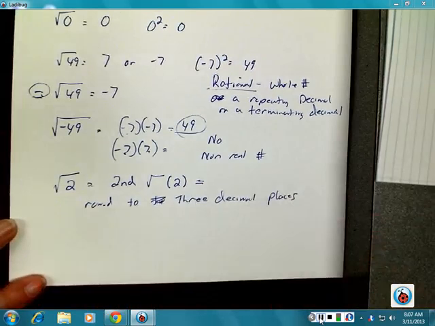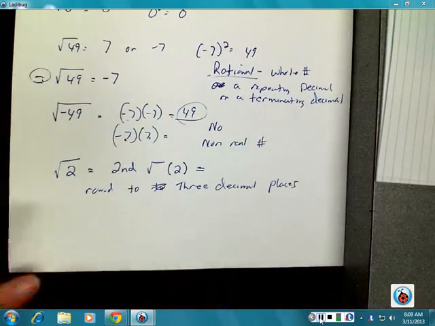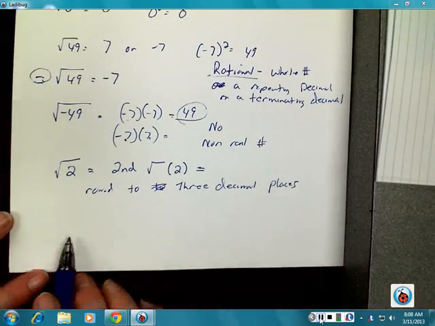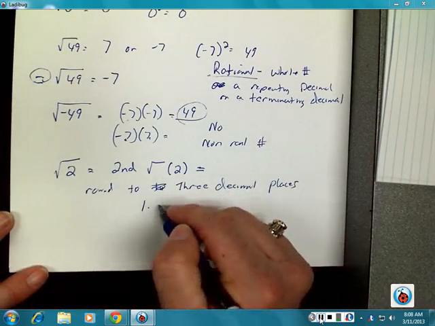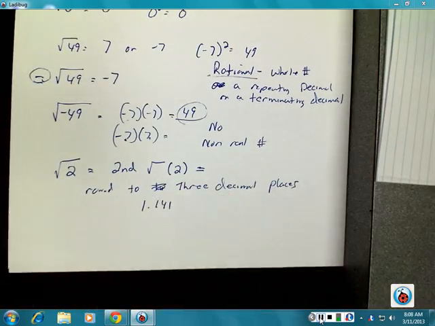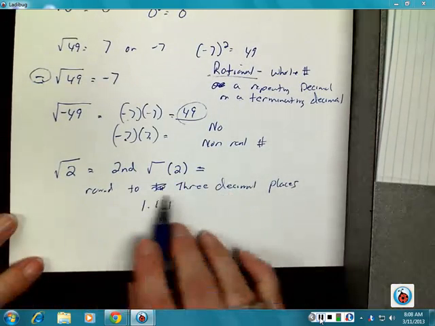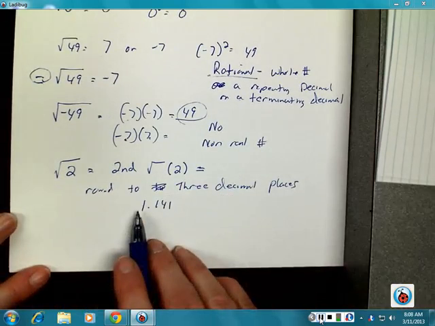So if I round it to 3 decimal places, what happens? What does it come out to be? 1 point, what was it? 414.